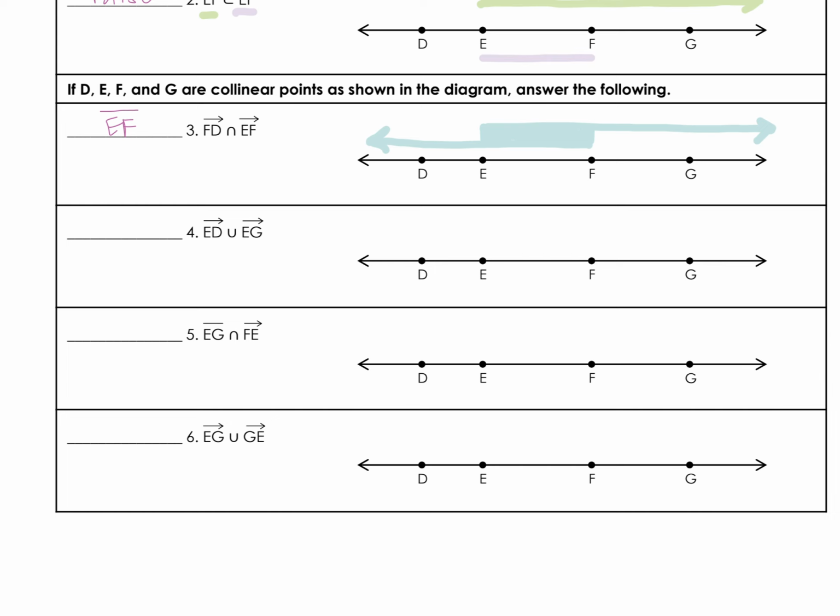All right, let's look at the next one. We have, what is the union of ray ED, starting at E, going towards D, and ray EG.